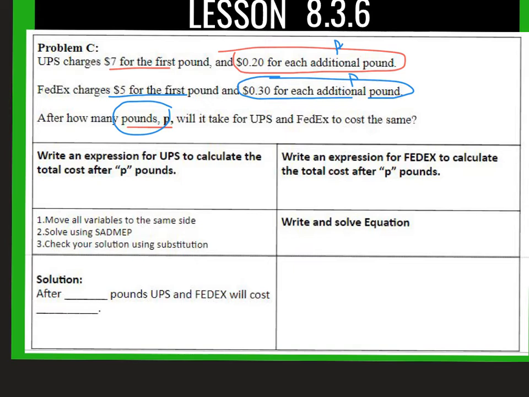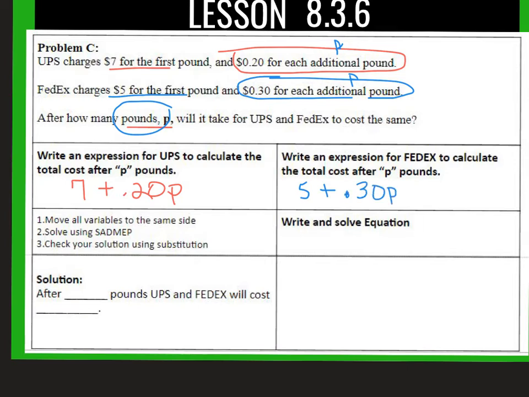So for UPS, I'm going to go ahead and write my expression. I know it's $7 for the flat rate, and then it's going to be 20 cents for each additional pound. Or you can use X if you prefer. And then when I look at FedEx, it's $5 for the first pound, but then 30 cents for every additional pound.